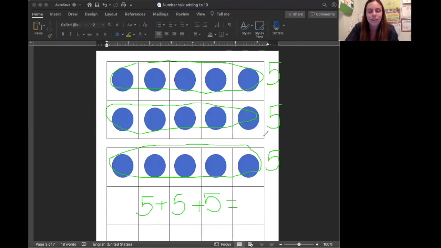Let's count it on our fingers. 5 fingers plus 5 more, that's 10, and then 10 and another 5. Okay, 11, 12, 13, 14, 15. 5 more makes 15. Awesome work. Time to try it for your homework.